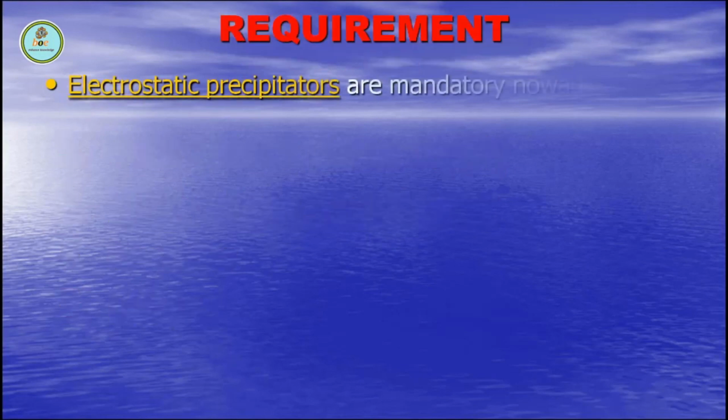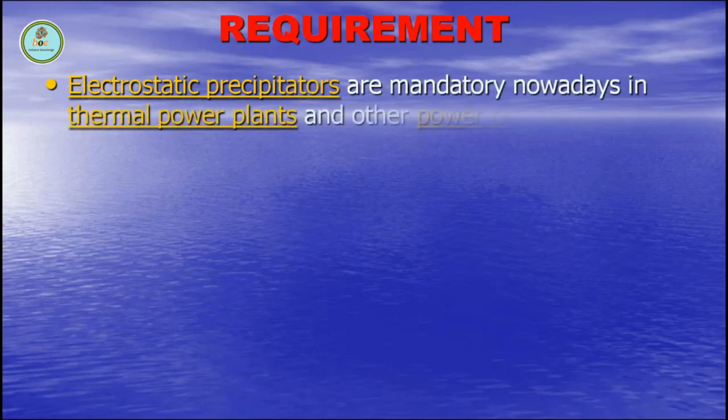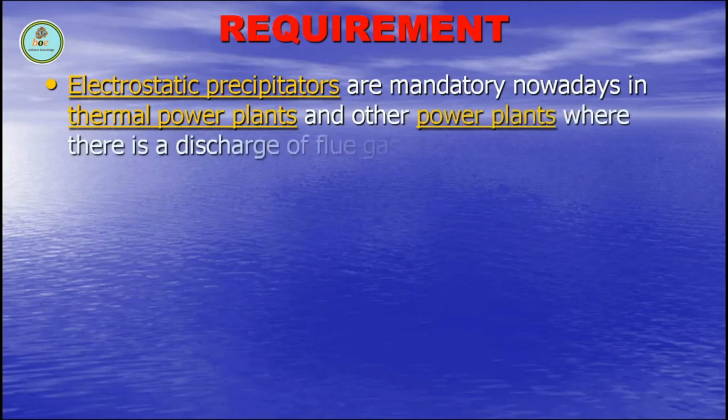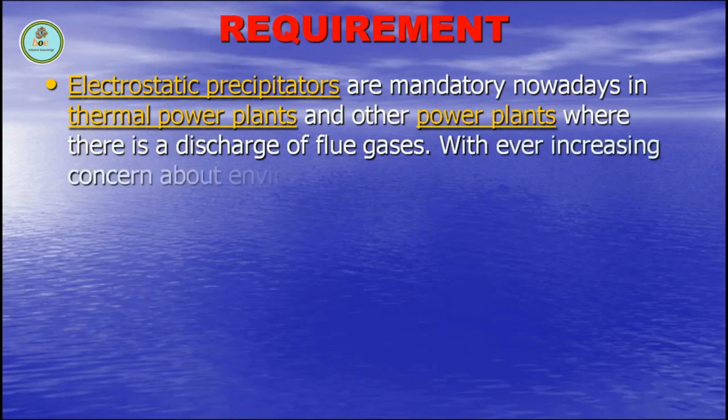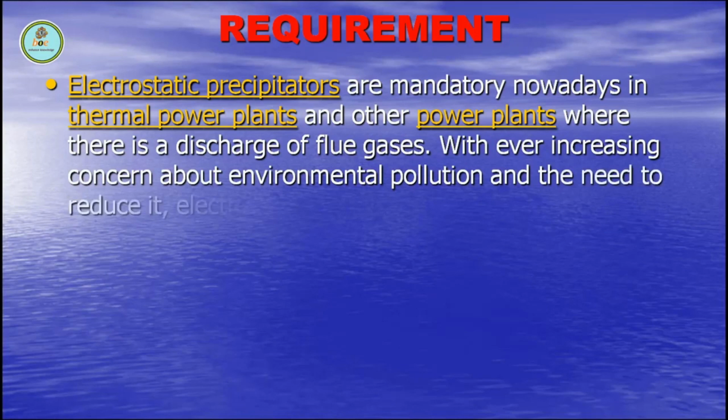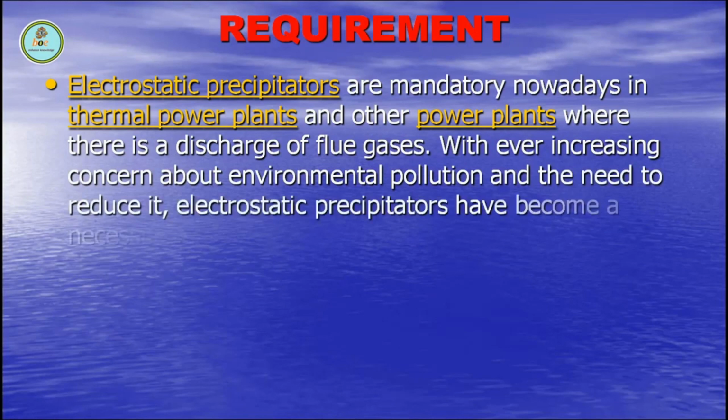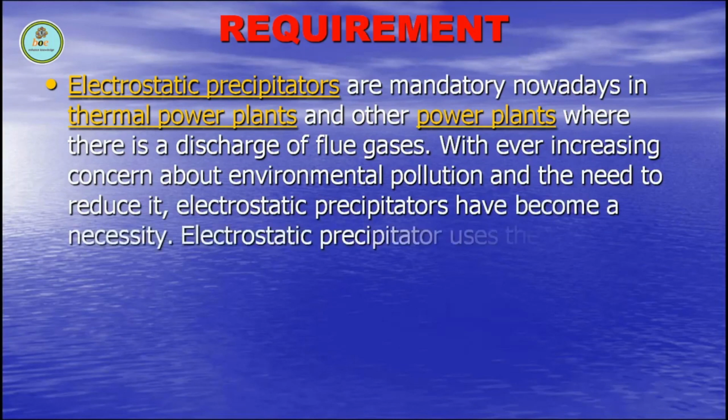Electrostatic precipitators are mandatory nowadays in thermal power plants and other power plants where there is discharge of flue gases. With ever increasing concern about environmental pollution and the need to reduce it, electrostatic precipitators have become necessary.